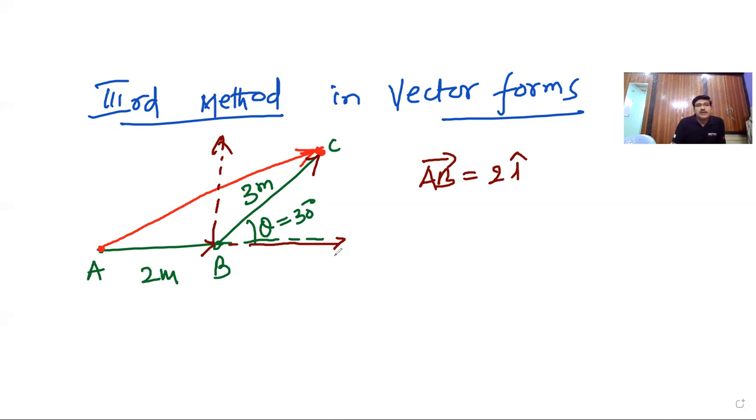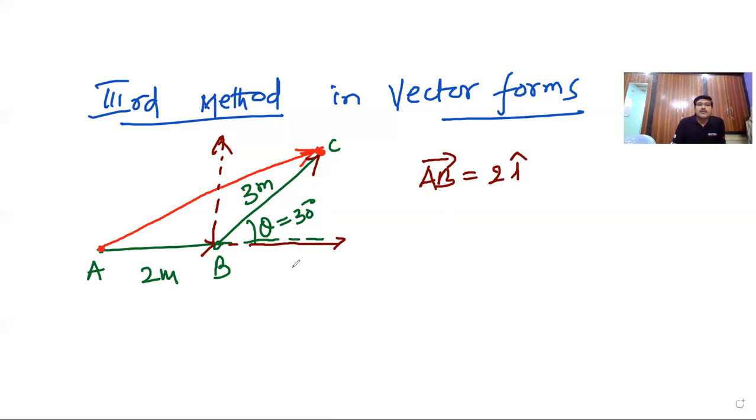So BC cos 30 and BC sin 30. This is BC cos 30. Its component is how much? BC cos 30. Here I am writing BC cos 30.